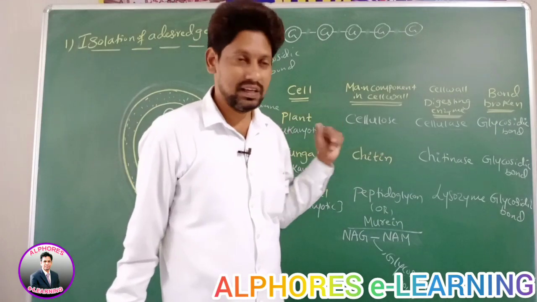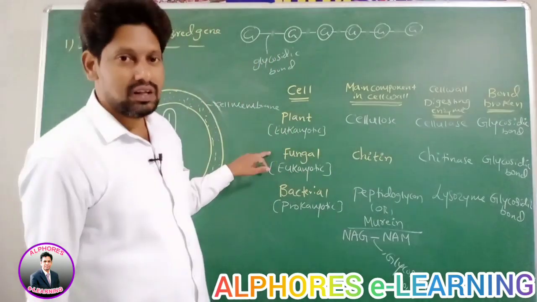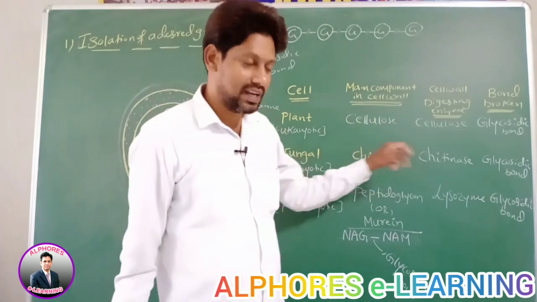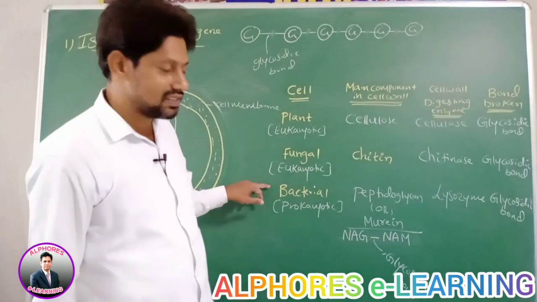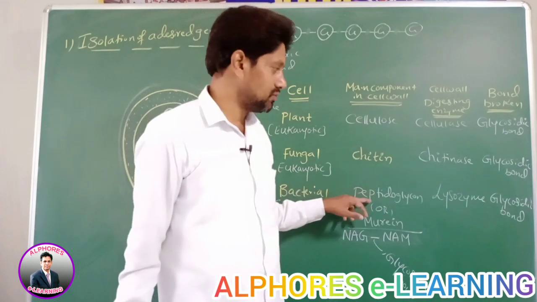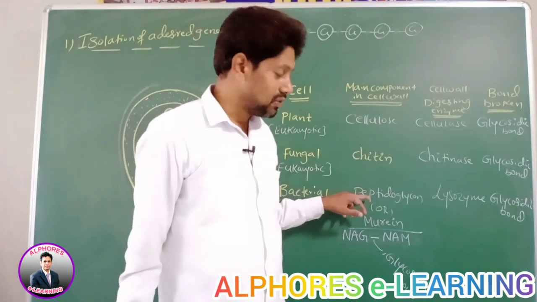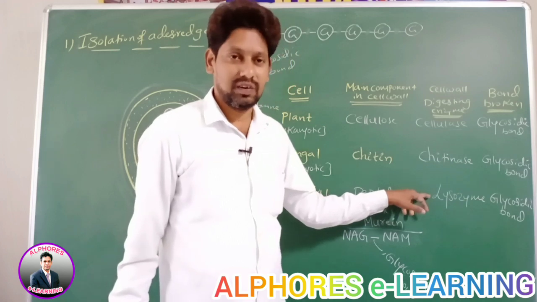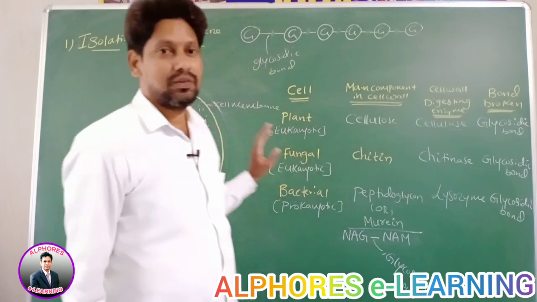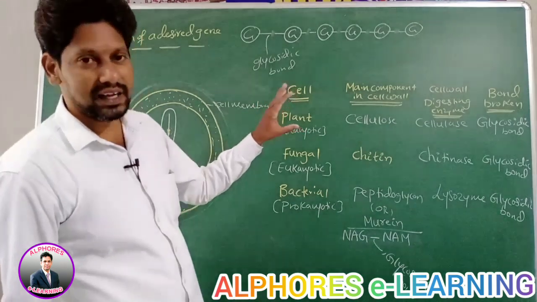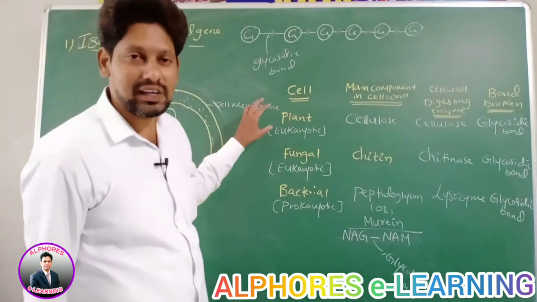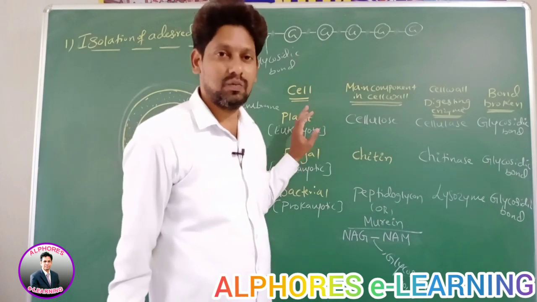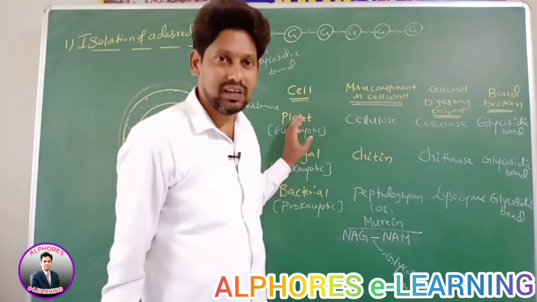If the cell is fungi, as the main component is chitin, we use chitinase enzyme. If it's a bacterial cell, the cell wall is made up of peptidoglycan, so the enzyme used is lysozyme. Therefore, by using cell wall digesting enzymes, the cell wall gets lysed. Is it okay? Right? Thank you.